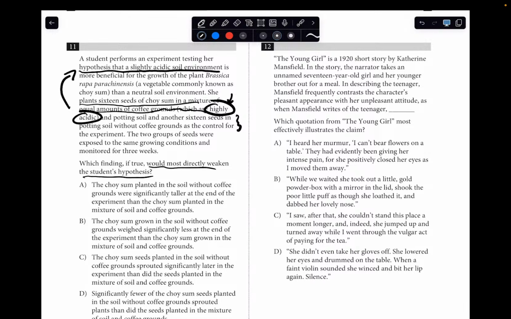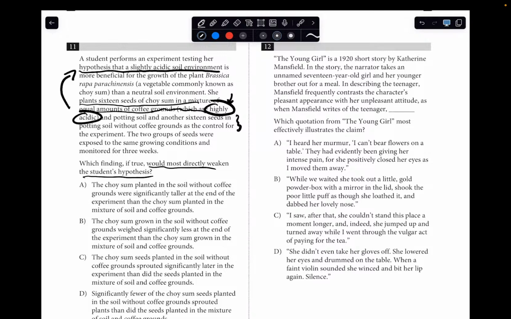And they're saying that choice A is the best answer because it describes an experiment outcome that would most directly weaken the student's hypothesis. According to the text, the student hypothesizes that the plant will benefit more from acidic soil than it will from neutral soil. The text then explains that the student planted the seeds in coffee grounds and another in seeds without coffee grounds.